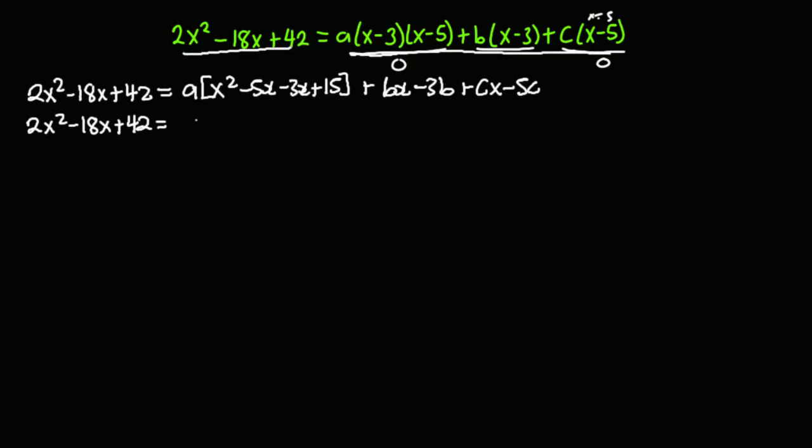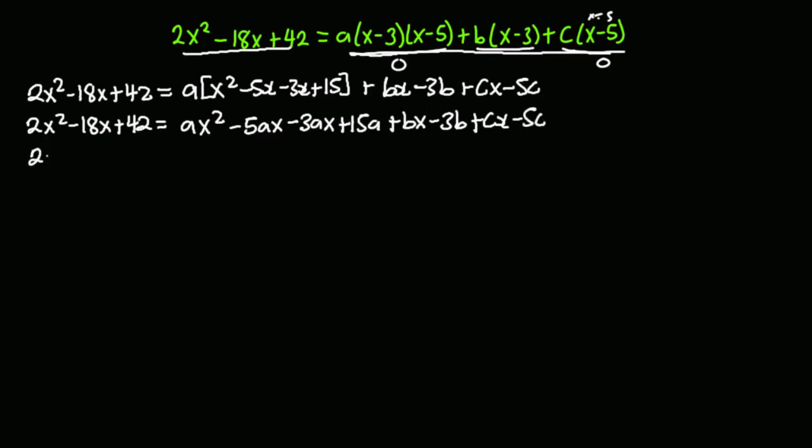So I'll get 2x squared minus 18x plus 42 is equal to, now what I'm going to do is I'm just going to expand that, which will give me ax squared minus 5ax minus 3ax plus 15a plus bx minus 3b plus cx minus 5c.